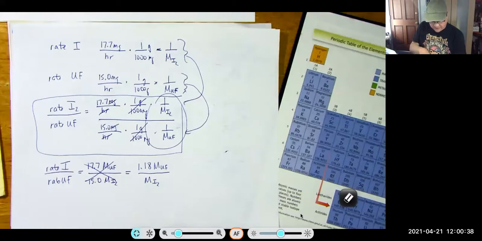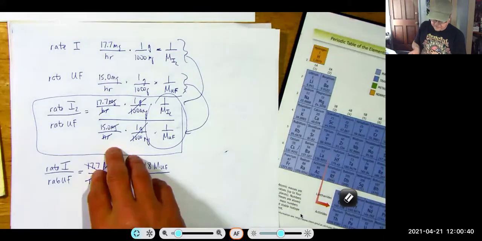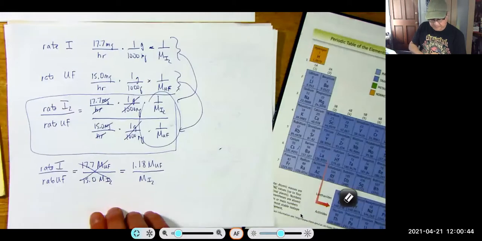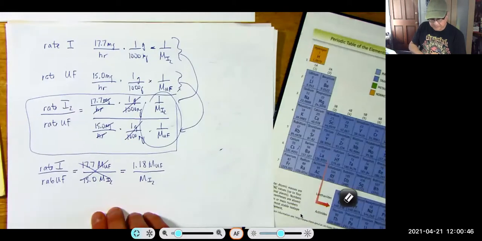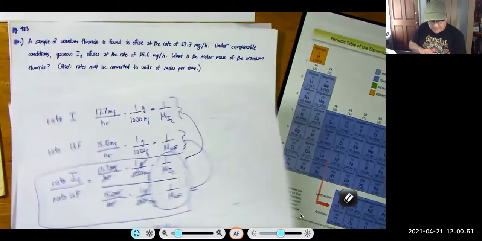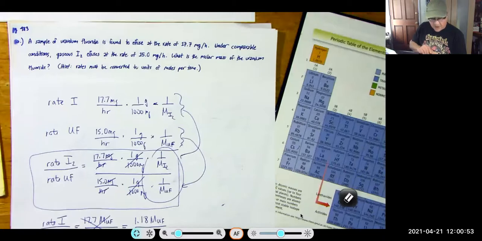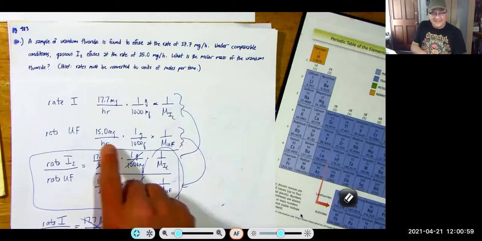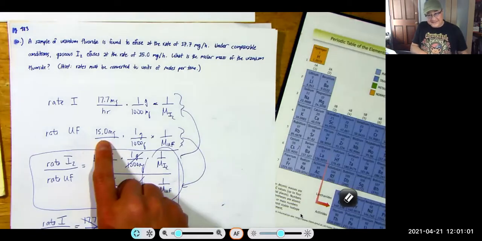Let's see, rate of I2. Oh, I see what I did wrong. See that?